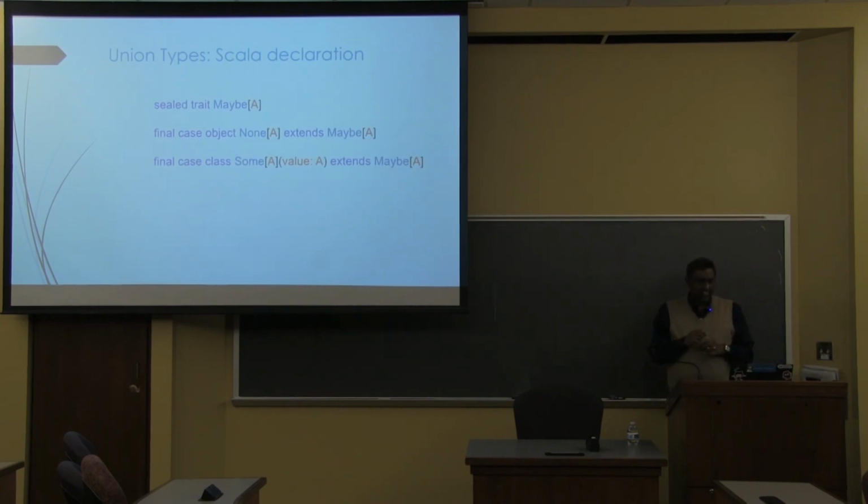Scala actually gives you a clue about how this stuff is actually implemented. They have the concept of a trait, which is like an interface, but you can put methods on it, right?